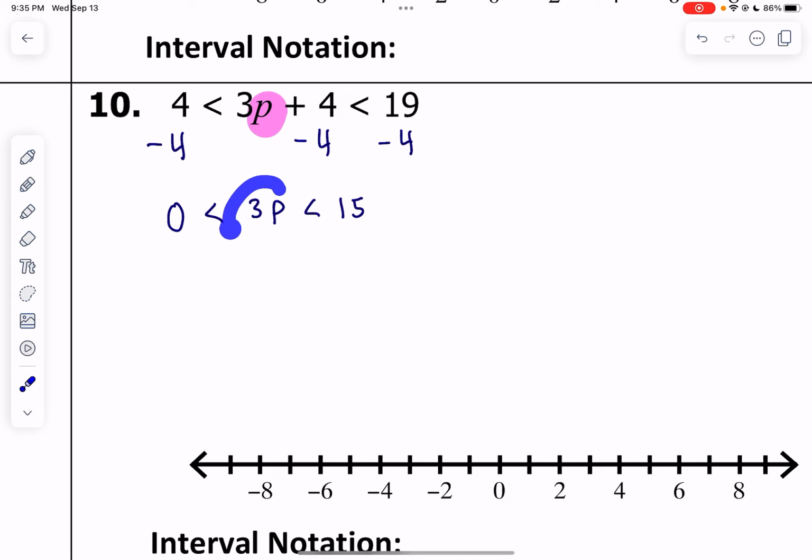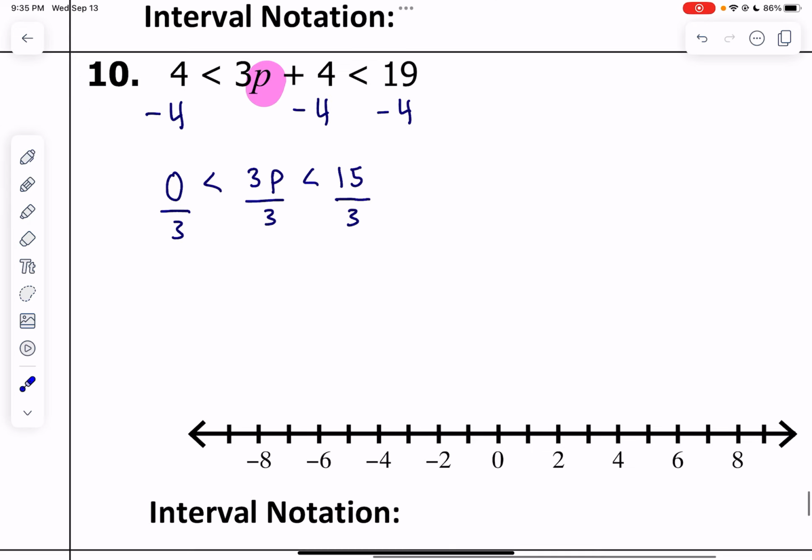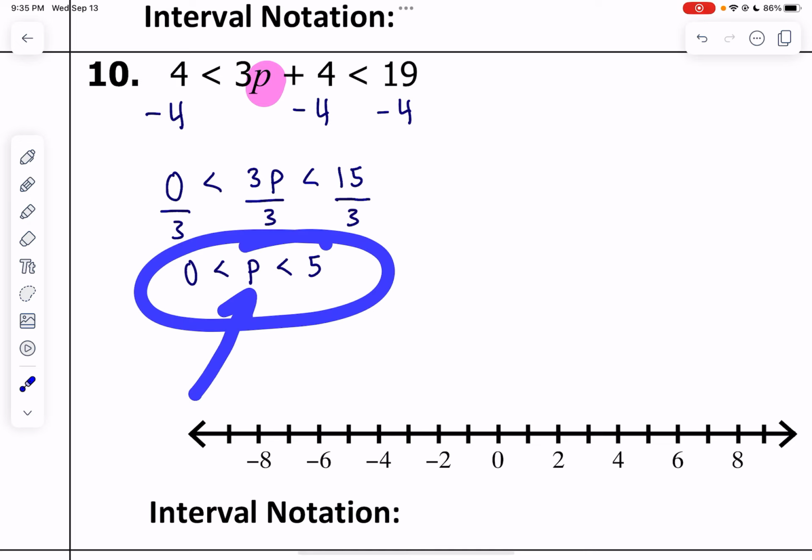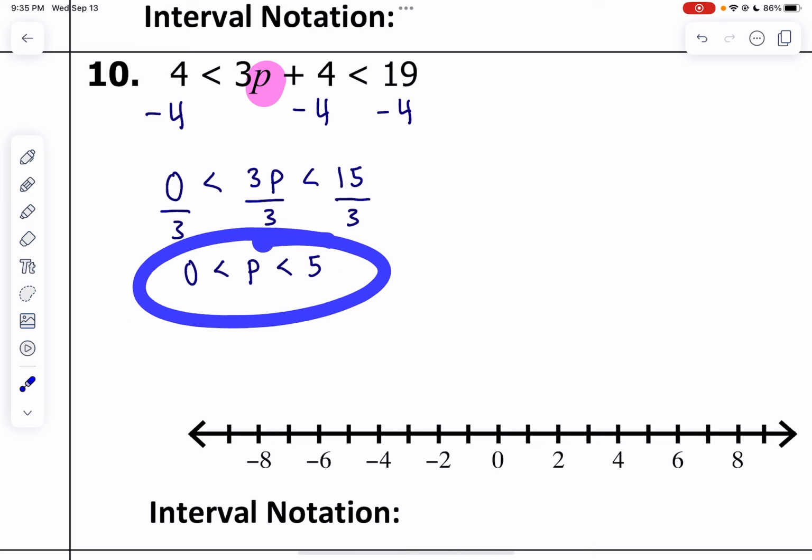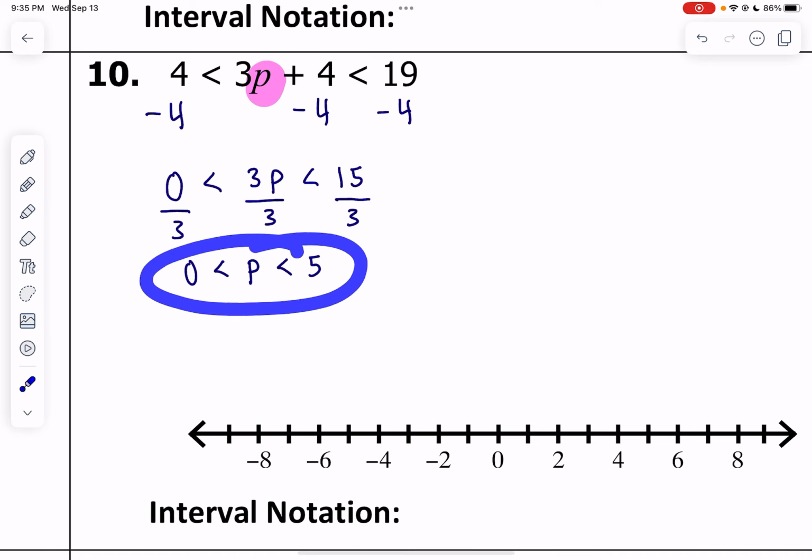We're still not done with the middle term. So we can divide by 3 to get rid of the 3. And then you do it to all sides. So we have 0 divided by 3, 15 divided by 3. 0 divided by 3 is just 0. Is less than, now we just have our variable P, is less than 5. And there you go. You have isolated the P variable, and you have constructed this interval.